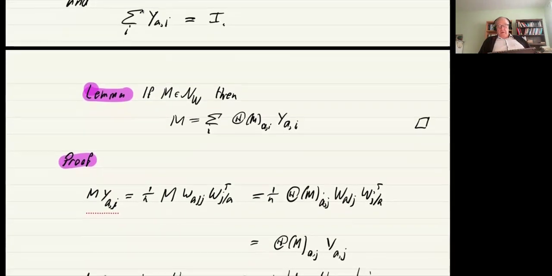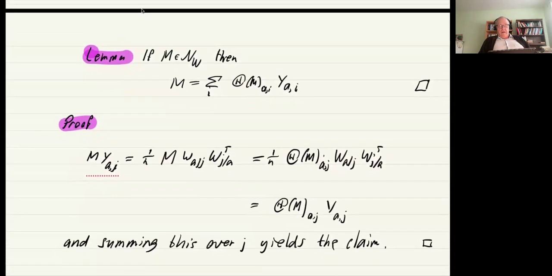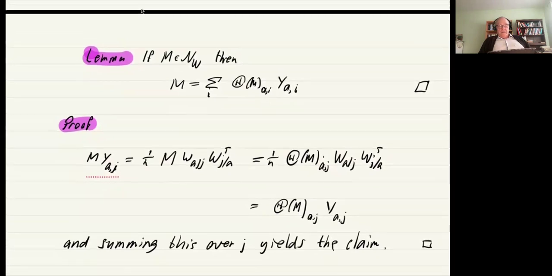Okay. So I've sketched the proof here. It's not sure it's really worth me going through. I think I'll just leave it as it is. It's there.